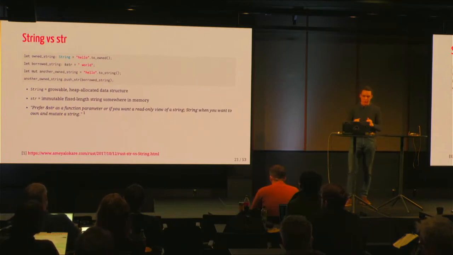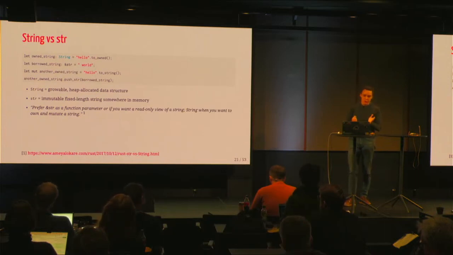And as the code here illustrates, on the top here we have a hello, which by itself is a str type, and then we call this to_owned, and that one turns it into a complex type.